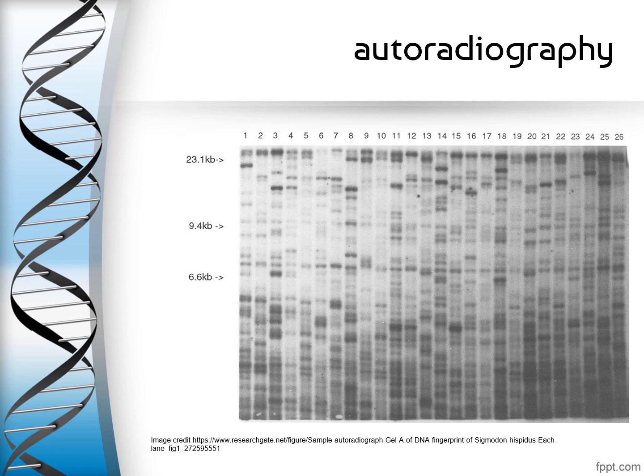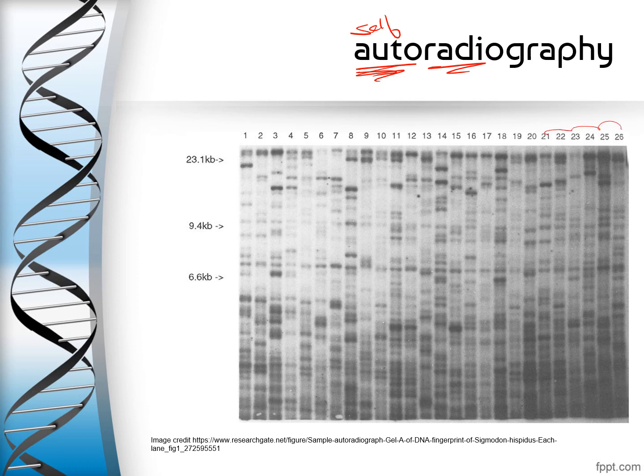We can make them emit their own radiation. And because they themselves are radioactive, auto is self, they can actually develop X-ray film without us having to shoot X-rays at them because they're emitting their own X-rays, kind of, sort of. So autoradiography, DNA, when we make it radioactive, can emit the radiation to develop X-ray films, and we can take pictures of the fragments from gel electrophoresis.